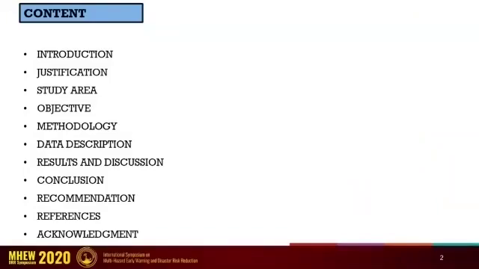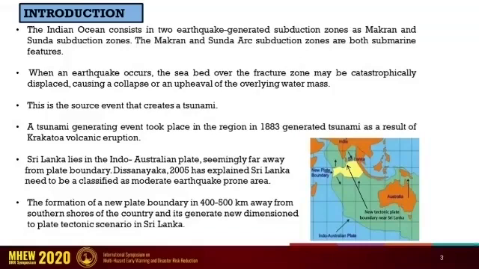First, the introduction. The Indian Ocean consists of two earthquake-generating subduction zones, Makran and Sunda. There are several reasons for tsunamis to occur. The major natural reasons are earthquakes and volcanic eruptions. For example, the 1833 volcanic eruption in Krakatoa, Indonesia, and the 2004 earthquake in Indonesia.